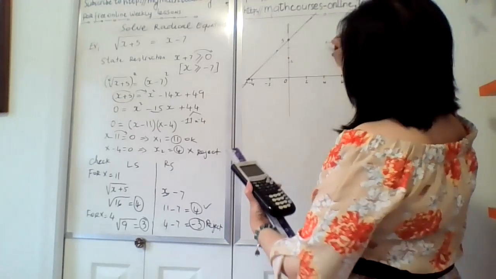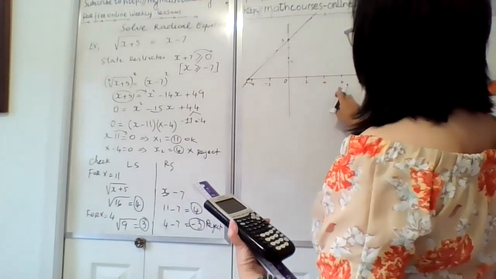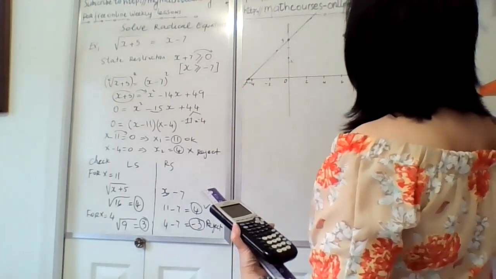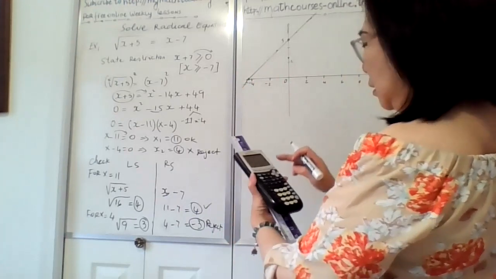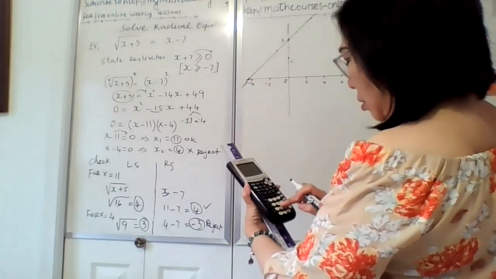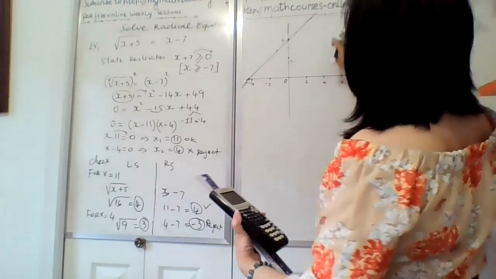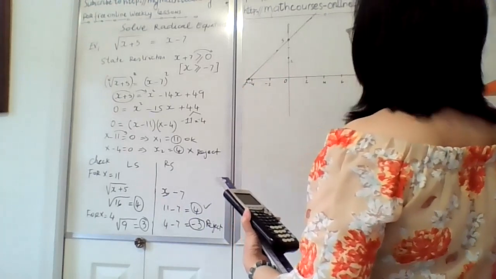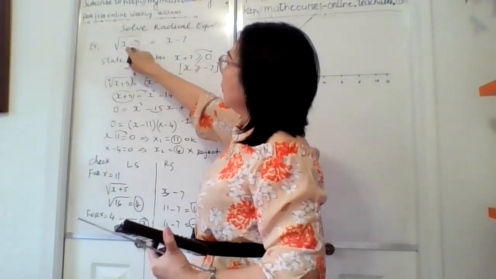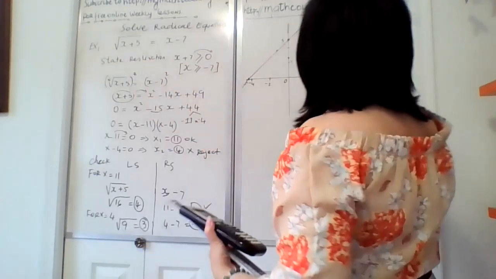What else? Let's take the square root of 11 and see what happened. If x equals 11, then this will be 11 plus 5, which is 16, and the square root of 16 is 4.